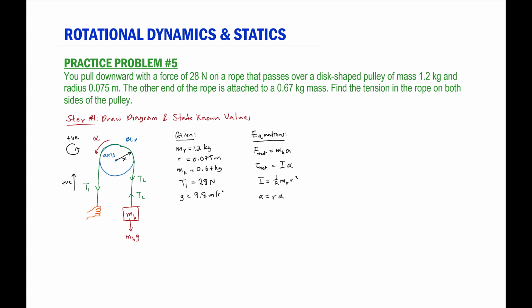Okay, so now we have a whole list of known values and equations that we can use, plus a labeled diagram. We're trying to figure out the tension on the other side of the pulley, so we want to figure out T2. That is our goal, because we've already figured out T1.